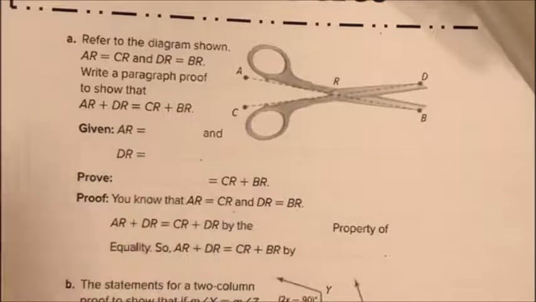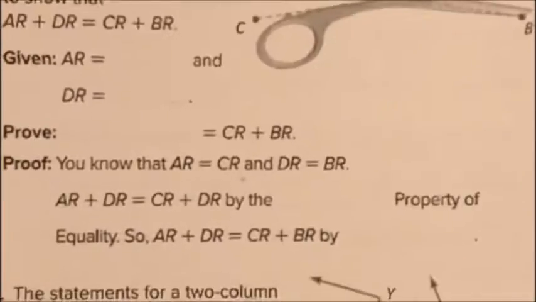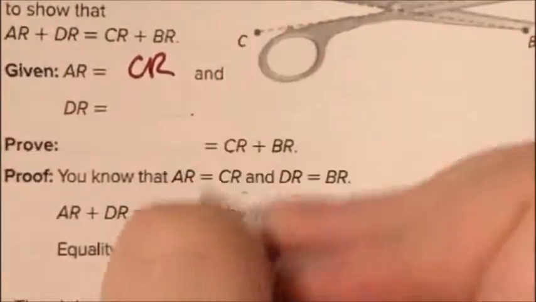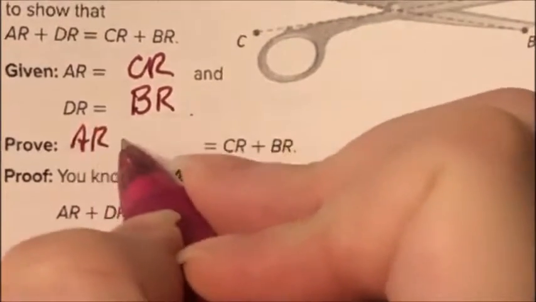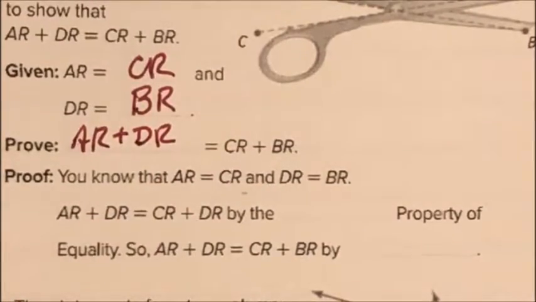So, what I'm given: AR equals blank and DR equals blank. So AR equals CR and DR equals BR. That's given to us. I want to prove AR plus DR equals CR plus BR.